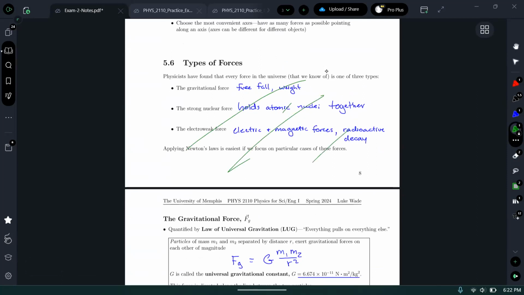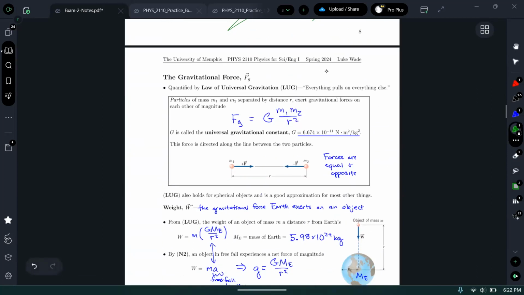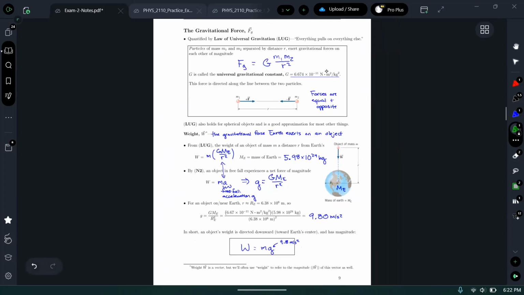Types of forces, not that first bit, just stuff like this. So we know now our bread and butter for the gravitational force is this right here. This is what shows up in every problem. This version only shows up if you're dealing with much larger distances, like the moon and the earth, or something that's not the earth.